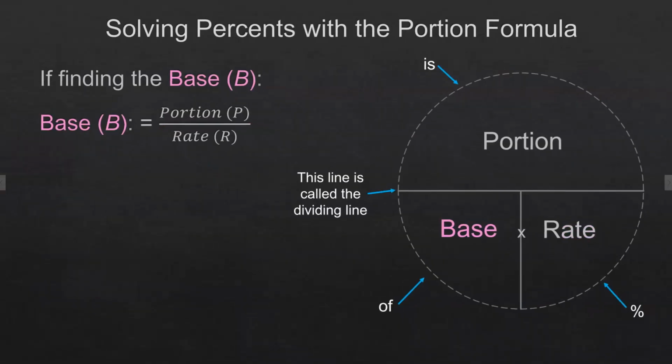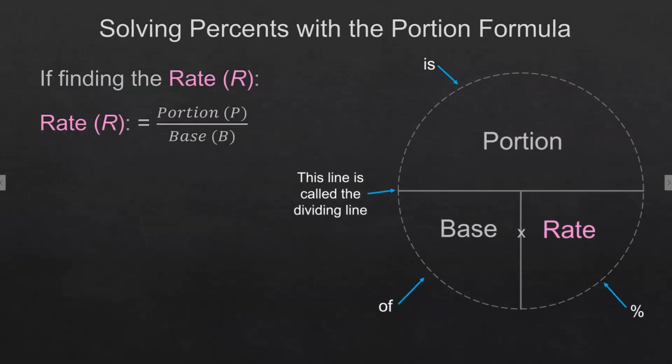Okay, so if we're finding the base, notice here's the base, right? If I'm finding the base, then that means I know the portion and I know the rate. So I would take the portion and divide it by the rate. So getting your numbers in the circle can be super helpful here.